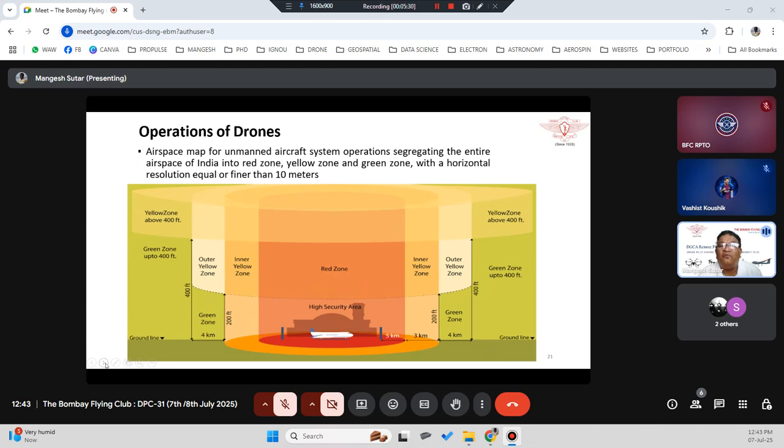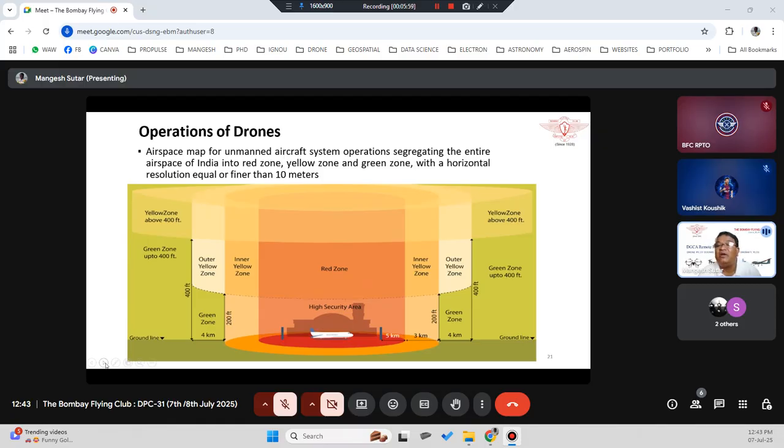Whereas your limitation in the outer yellow zone is up to 200 feet, but in the inner yellow zone you cannot fly at all without ATC permission. So for example, Shubham, your area might be coming within the inner yellow zone. The IIT zone is coming under the inner yellow zone.